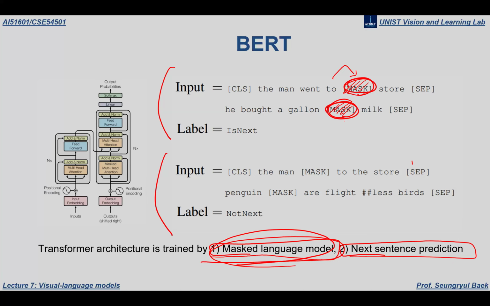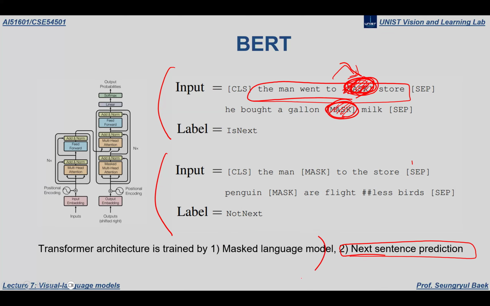So that's another self-supervised task that we can make. Given the original sentence, we remove some word on purpose and then train the network to predict this masked word. That's the first task BERT used to train their network.